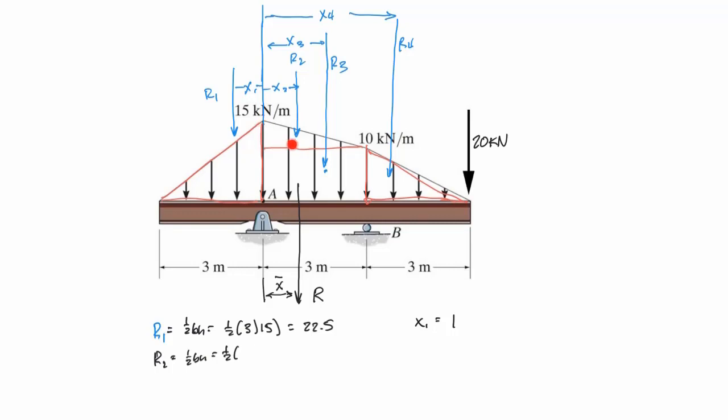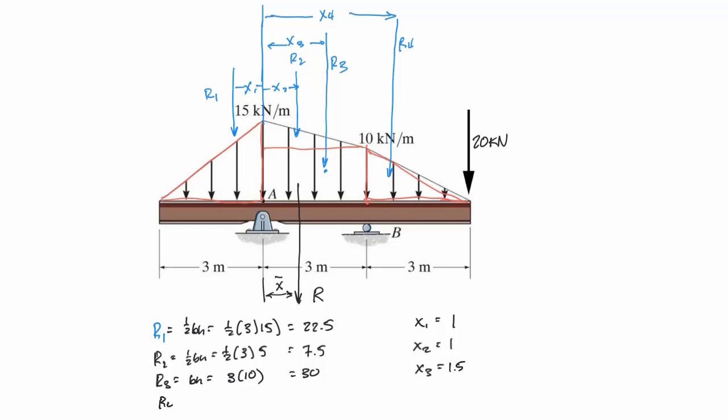So this would be 1/2 base times that height, 1/2 times 3 times 5, which is equal to 7.5. x2 is also equal to 1, because that's just 1/3 of 3 over to there. How about R3? This is a rectangle load, so that's just BH, which is 3 times 10, equal to 30. x3 is just going to be 1/2 of the 3, so that would be 1.5.